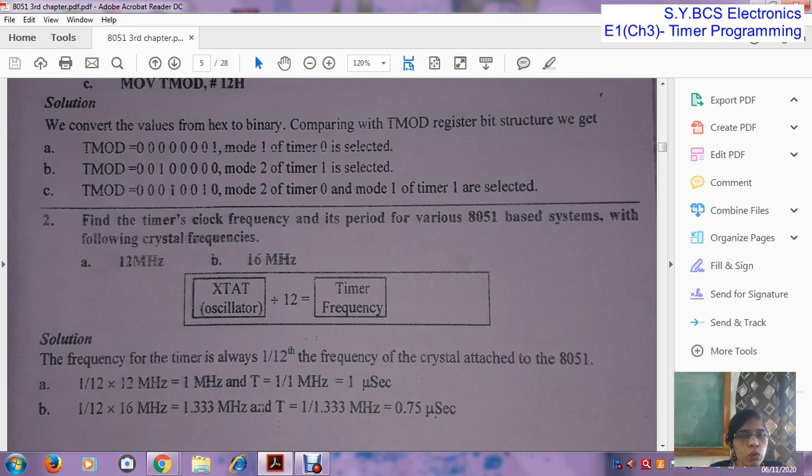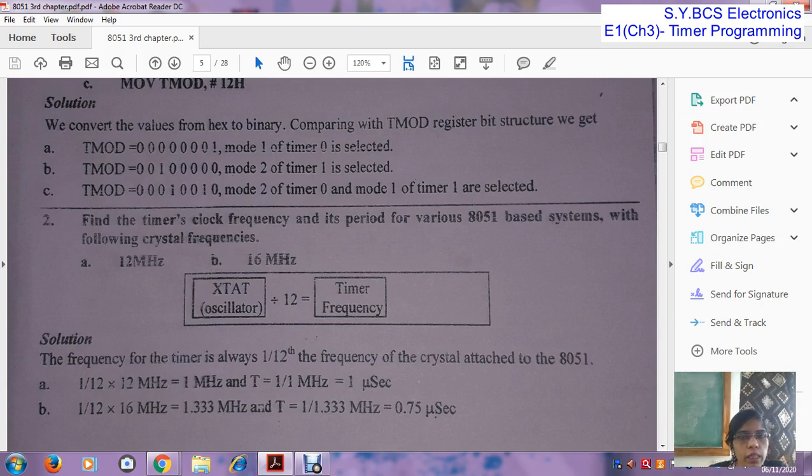The timer is used for time delay generation, and to calculate the time delay of any timer we need the timer frequency, which is calculated using the microcontroller crystal frequency.